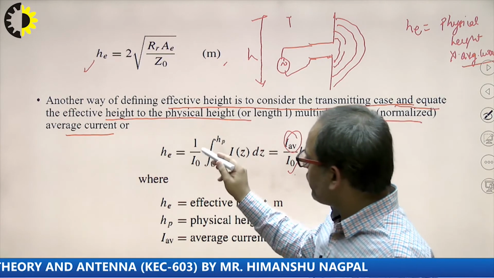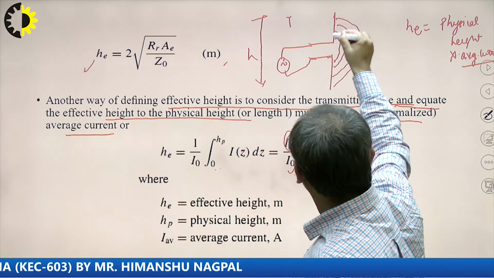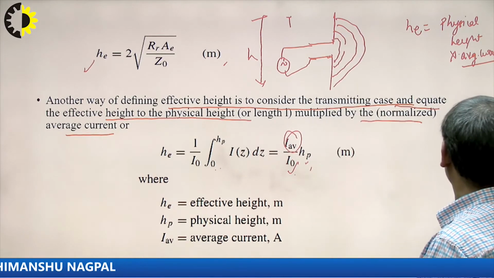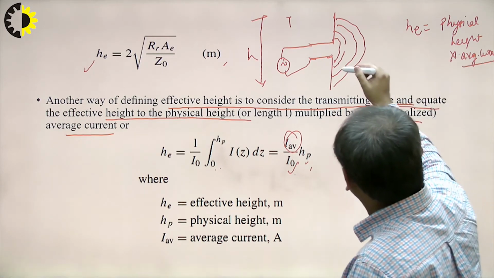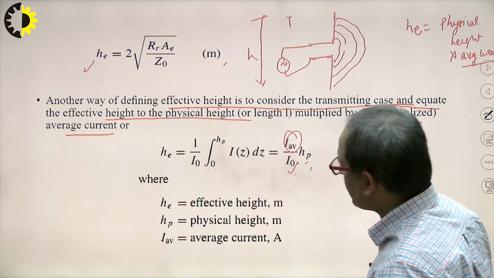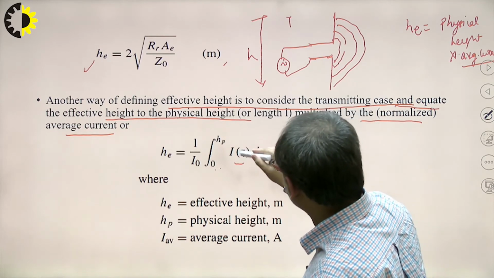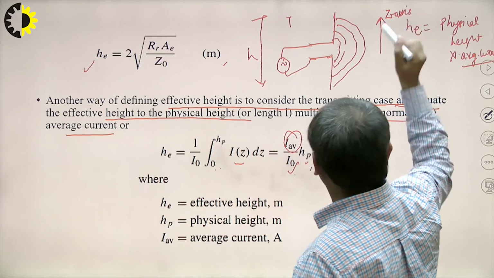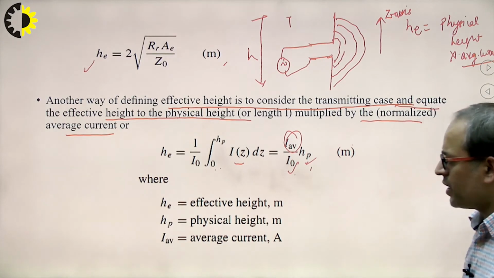So HE equals 1 upon I naught, integral from 0 to HP, meaning we are integrating, calculating the current at each point, that is 1 upon I naught, integral from 0 to HP of I of Z dz. Z is the Z axis. Clear? That is I average divided by I naught, into the physical height. Clear?